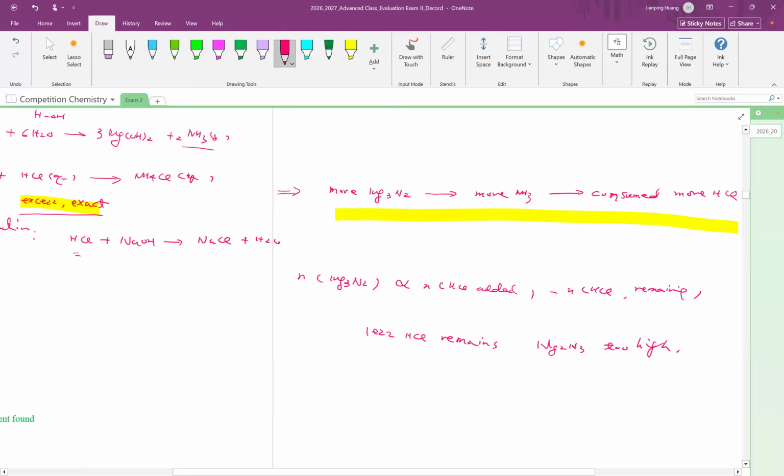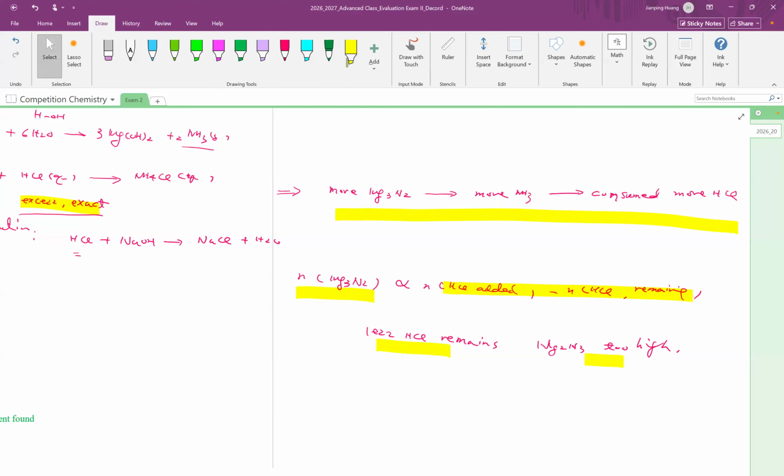I'm going to repeat. So the relationship is what? The amount of magnesium nitride is proportional to the difference. The error that makes the chemist think less HCl remains will make the calculation too high.